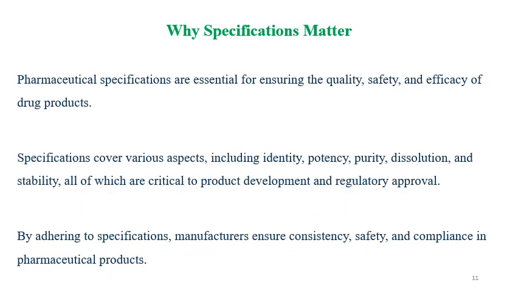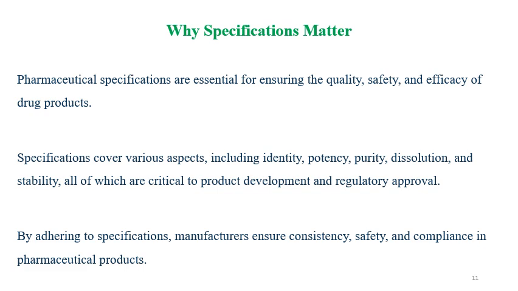So these are the important parameters for specifications. They are required for ensuring quality, safety and efficacy. Specifications cover various aspects like identity, potency, purity, dissolution and stability, all of which are critical to product development and regulatory approval.